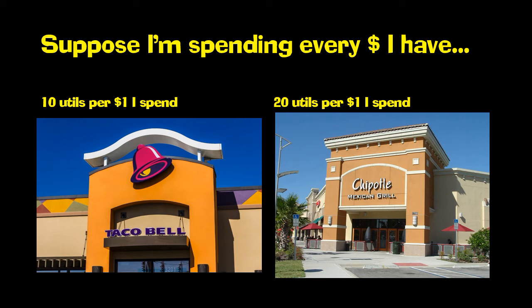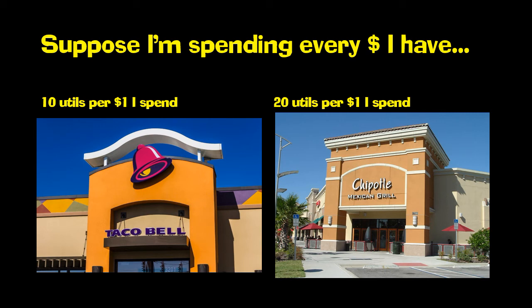So if Taco Bell gives me 10 utils for every dollar I spend, and Chipotle gives me 20 utils for every dollar I spend there, what am I doing wrong? Well, if every time I go to Taco Bell I get 10 per dollar, and every time I go to Chipotle I get 20 per dollar, I should go to Taco Bell less. Right? Let's suppose I'm at school Monday, Tuesday, Wednesday, Thursday, and Monday, Wednesday I'm at Chipotle, and Tuesday, Thursday I'm at Taco Bell.